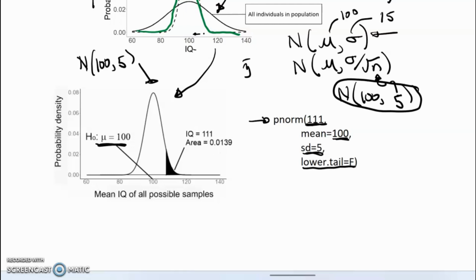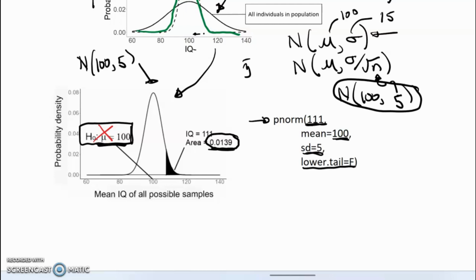Now, this is a very small number, quite implausible if our null hypothesis was true. So the fact that we've got a very small number here serves as strong evidence that the null hypothesis was wrong, and therefore the research hypothesis was correct.